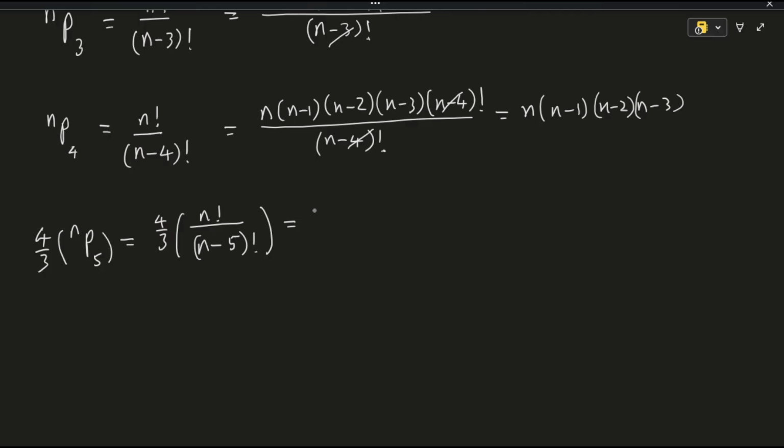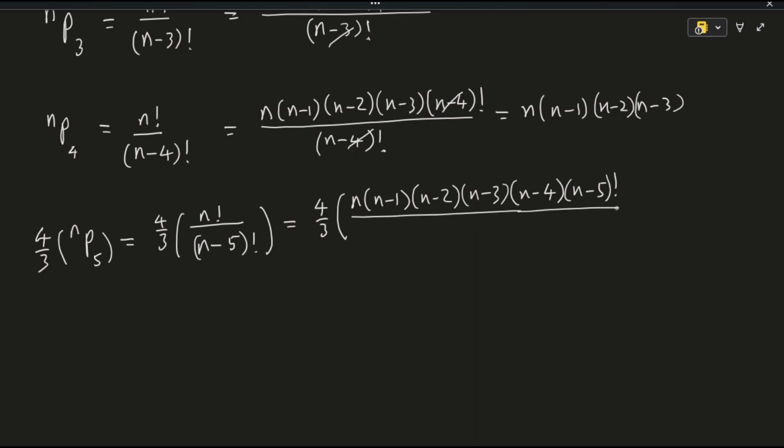And when we simplify, n, n minus 1, n minus 2, n minus 3, n minus 4, n minus 5 factorial over n minus 5 factorial.